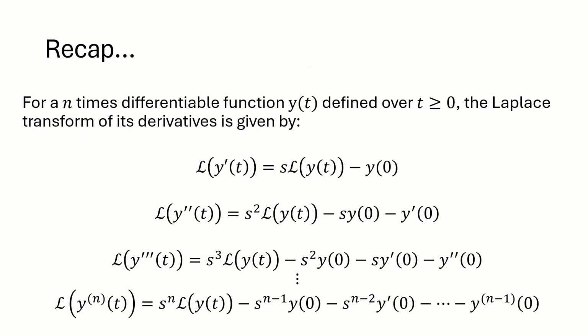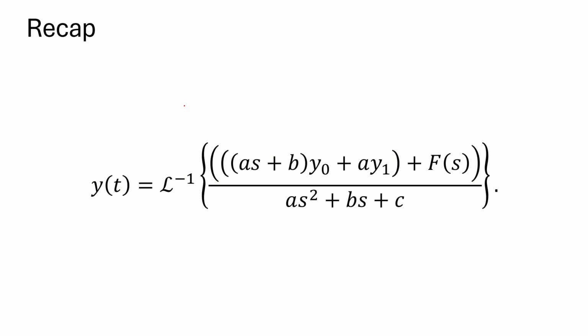And we have derived a formula for finding the solution of a differential equation by Laplace transform directly, in which we consider a general equation: a y double dash plus b y dash plus c y is equal to f of t, and then we solve that equation for y of t after applying Laplace transform.